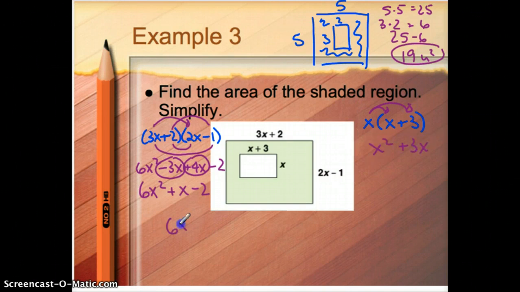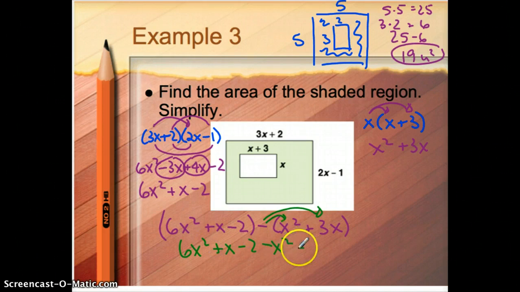Okay, so I'm going to have 6x squared plus x minus 2, that whole thing, minus x squared plus 3x. So again, I like to distribute my negative sign because it makes it easier for me. So I'm doing 6x squared plus x minus 2 minus x squared minus 3x. I'm going to get all my like terms combined.